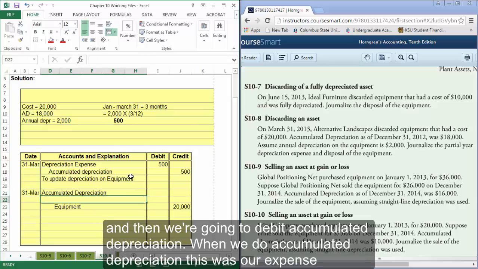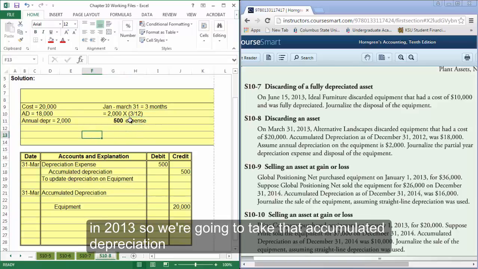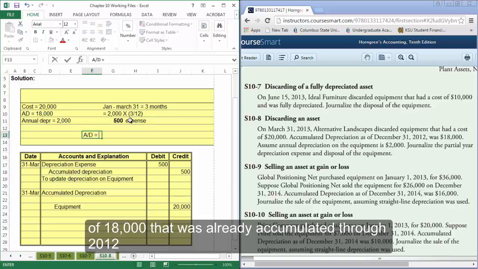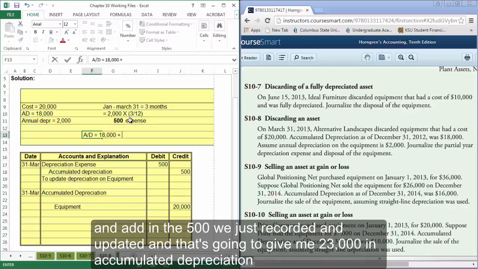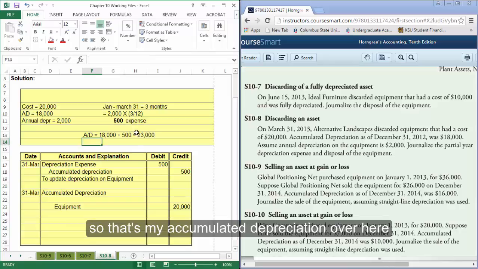So we're going to take that accumulated depreciation of $18,000 that was already accumulated through 2012 and add in the $500 we just recorded and updated, and that's going to give me $23,000 in accumulated depreciation.